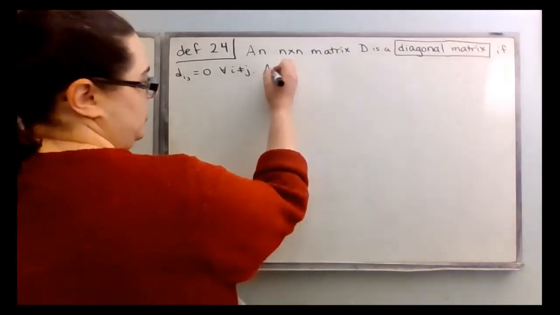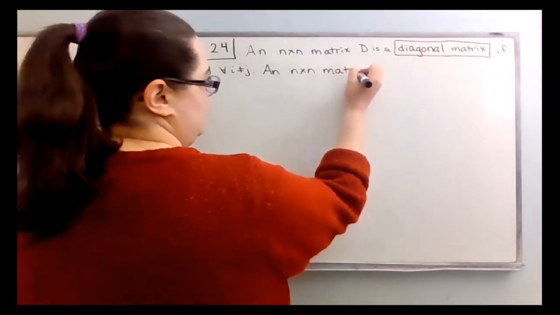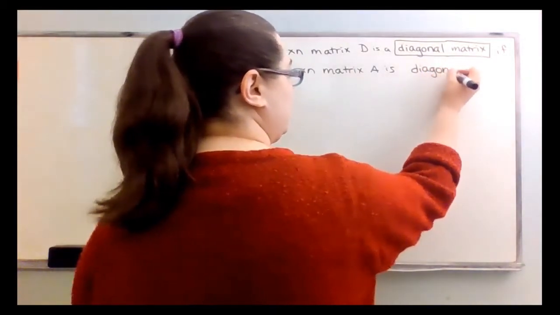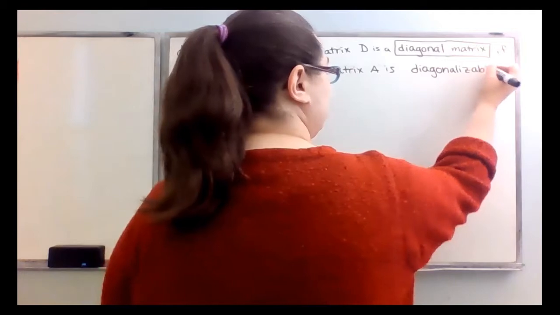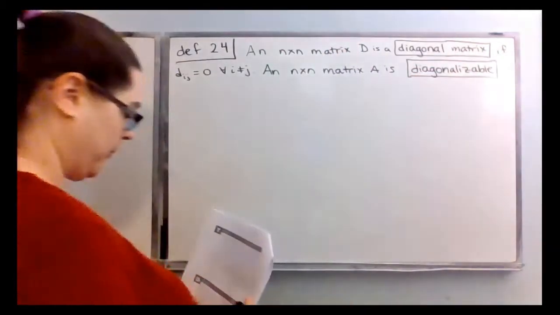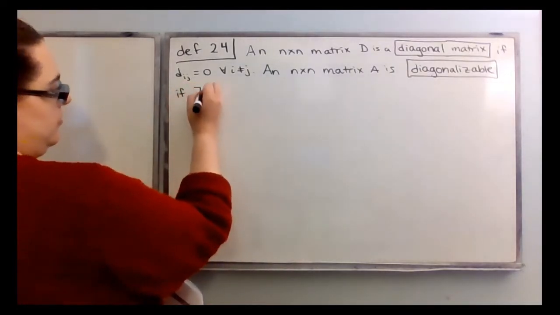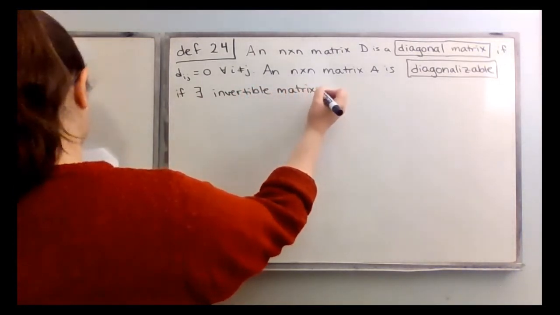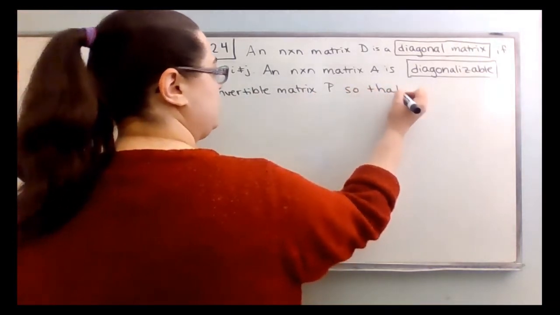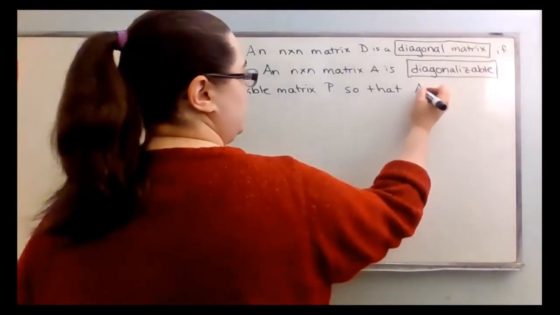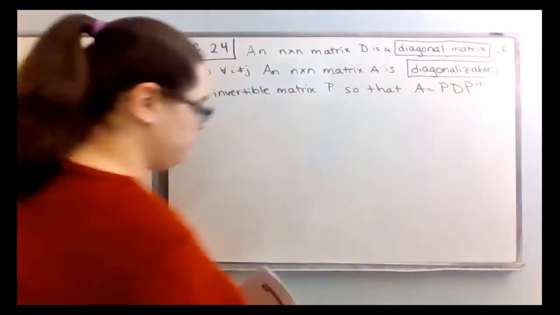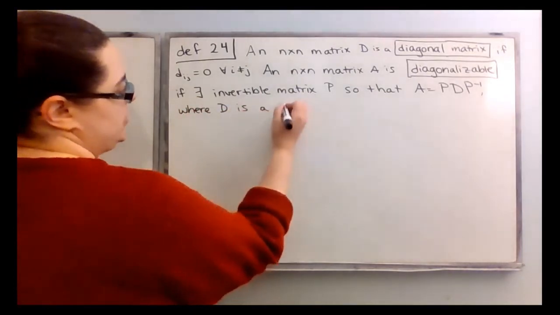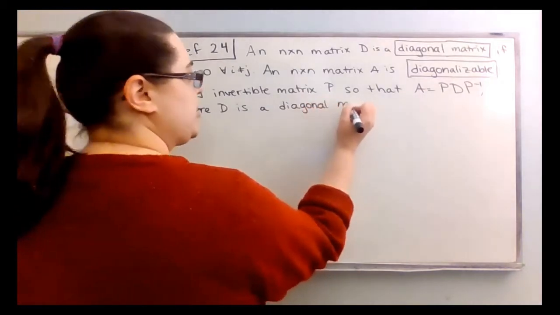An n by n matrix A is diagonalizable if there exists an invertible matrix P so that A is equal to P D P inverse, where D is a diagonal matrix.